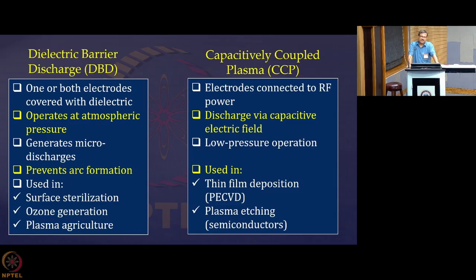What you do is, your reactive gas, which is responsible for the thin film deposition, you release in the discharge zone between the two plates, and that breaks the reactive gas and allows the deposition to occur on the substrate you are interested in. So thin film deposition is there, and then plasma etching for semiconductors, this can act as a very suitable device.